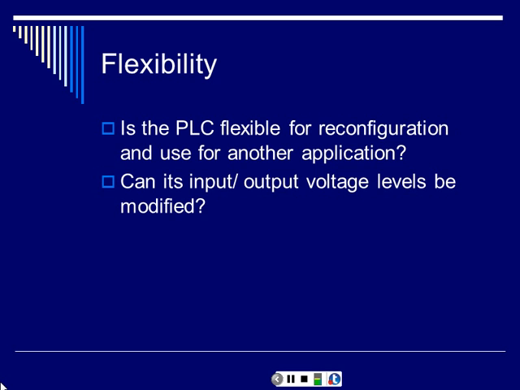Why would I buy this one? I'm already behind, right? So you've got to think about, is it going to be enough for what I need? I'm probably going to make sure that I have 2 or 3 outputs left over and 2 or 3 inputs left over, just in case I decide to do something else.